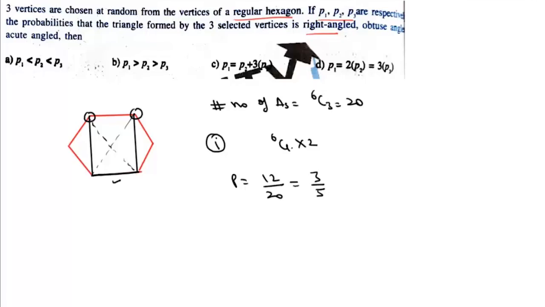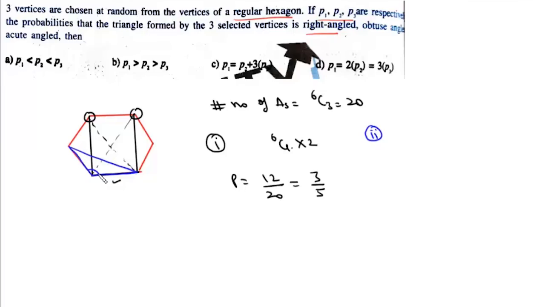Now we have a second case, when the triangle formed is an obtuse angle triangle. Again, if we choose this vertex, then it will be an obtuse angle triangle if we choose either this vertex or this vertex. We can get an obtuse angle triangle if and only if these 3 vertices are consecutive. If the 3 vertices are consecutive, then in that case we'll get an obtuse angle triangle.